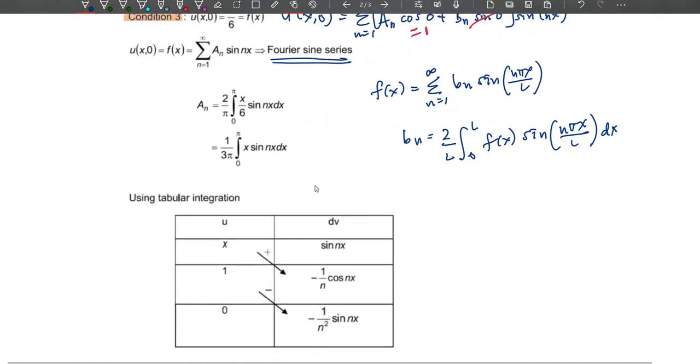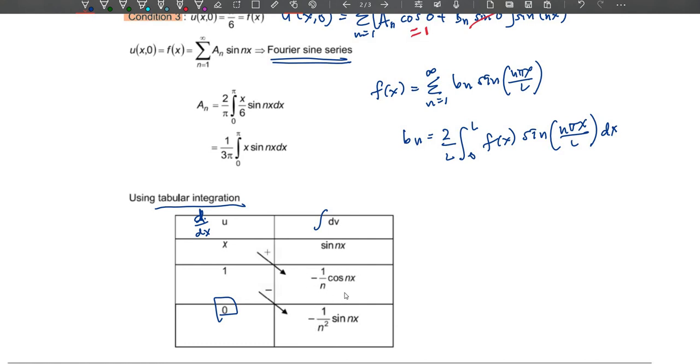For this one, it is integration by parts, so it's better for us to use tabular integration, much easier. For u, we let x, the algebraic function, be u. So u equals x. This part you need to differentiate; for an algebraic function, you need to differentiate until you get 0. And then dv is sin(nx), and here you need to integrate to get v. Integrating sin(nx) gives negative 1 over n cos(nx). Integrating this one would be negative 1 over n squared sin(nx).